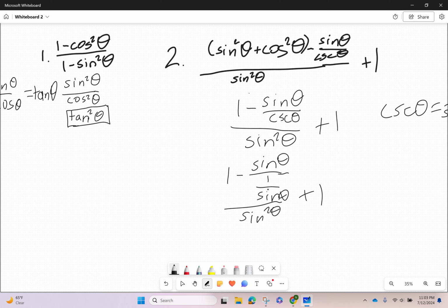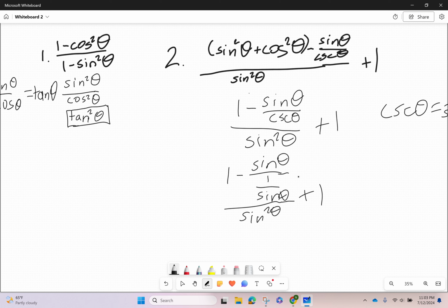And now, up in this numerator up here, we're dividing by a fraction. Now, what do we do when we're dividing by a fraction? We multiply it by its reciprocal. So, instead of it being sine theta divided by 1 over sine theta, we'll turn it into sine theta times sine theta over 1.